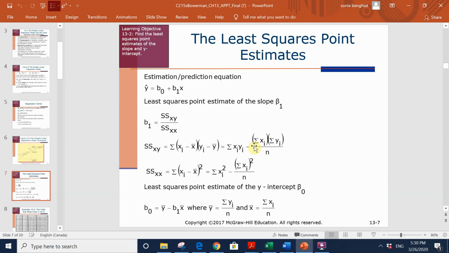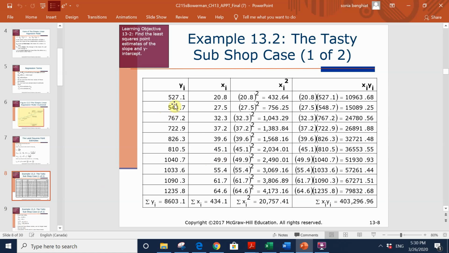We point out this form over here because, when you're keeping track of your data, you'd like to create a row, say, of this information in order to compute the sum of squares of x and y more easily, right? If you're going to be doing this manually, that is, right? So in fact, you want to have this added to your column of data, as we see right here.